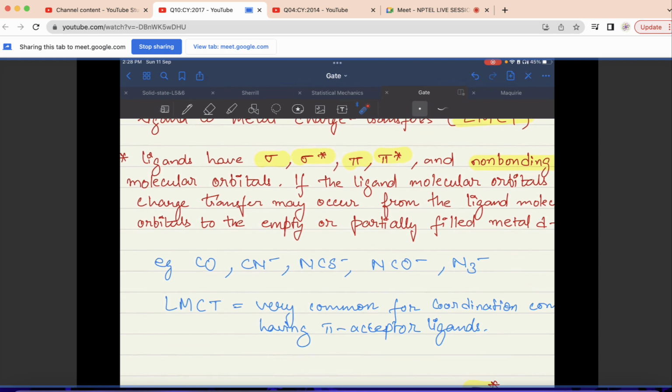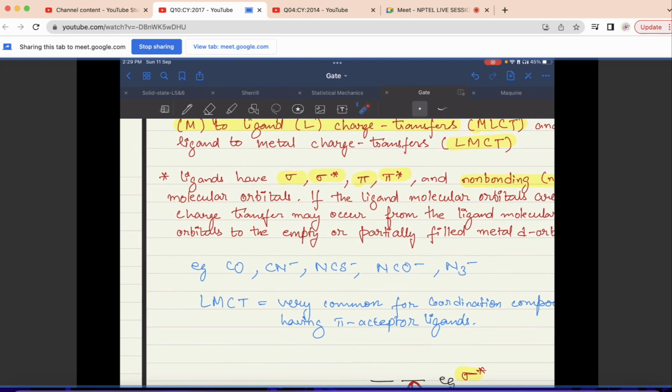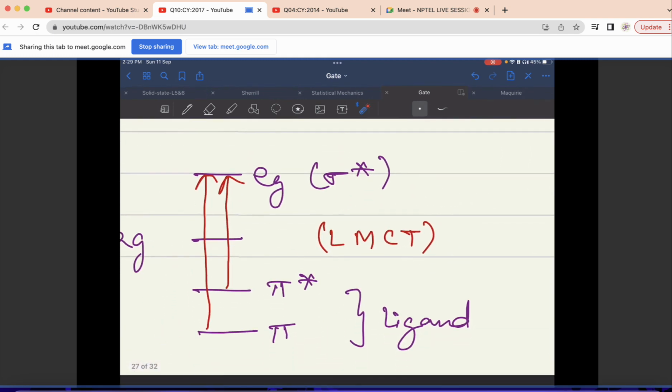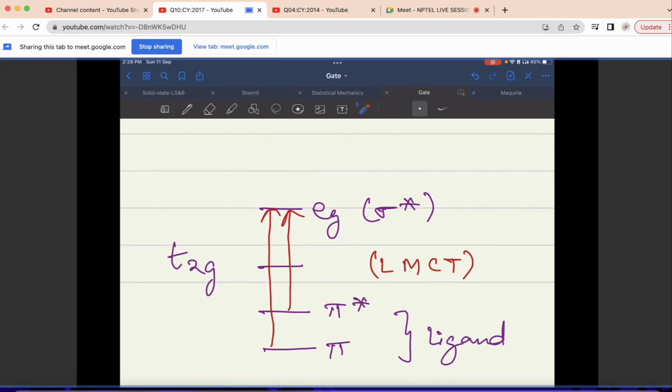It can actually take place from either sigma or pi to the sigma antibonding or pi antibonding. For example, the transition can take place even from the full pi orbital or full pi antibonding to the Eg sigma antibonding, correct?